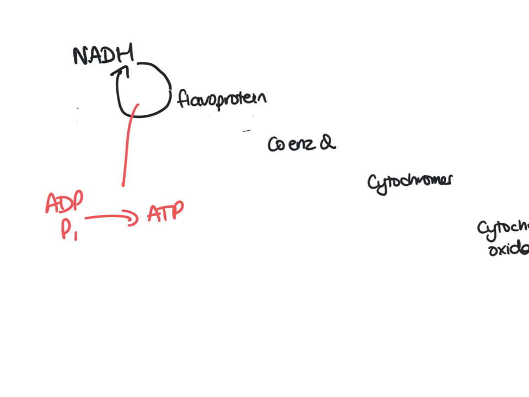Flavoprotein then passes the hydrogen on to the coenzyme Q molecule. Coenzyme Q becomes reduced, and the flavoprotein is no longer reduced. It becomes oxidized. So we can talk about redox reactions. When it picks up the hydrogens, it becomes reduced. When it passes them on, it's oxidized.